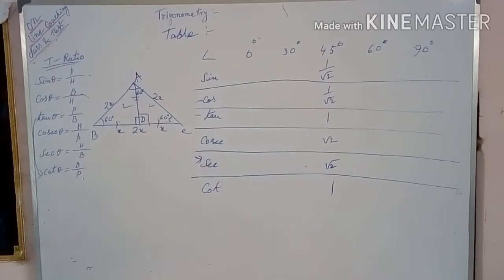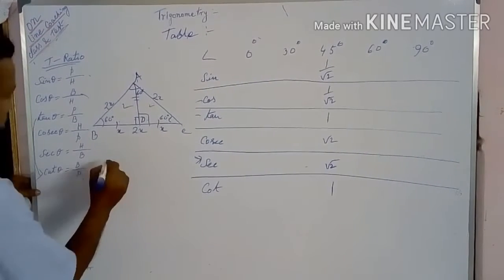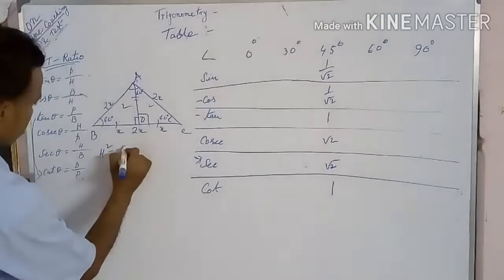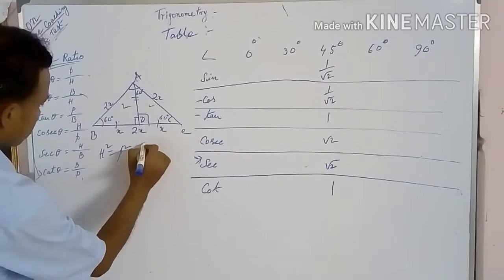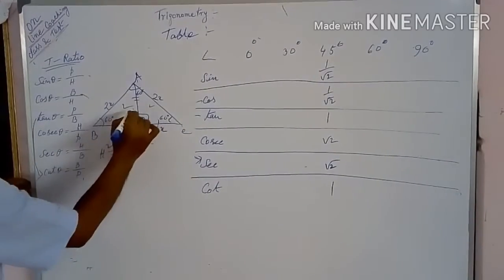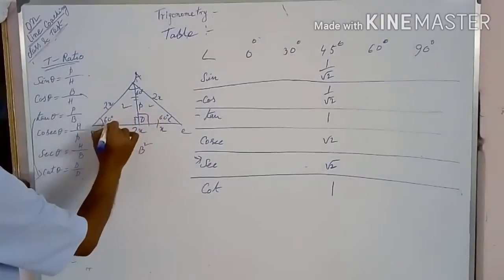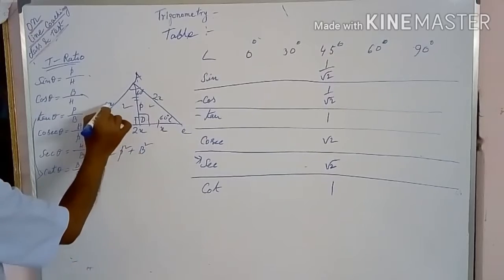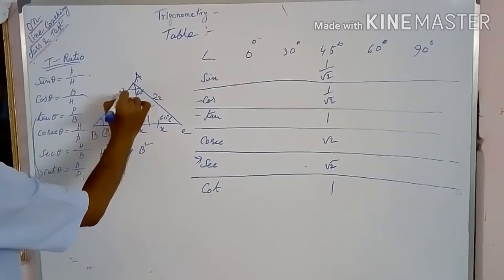For the right angle triangle, using Pythagoras theorem, hypotenuse square is equal to perpendicular square plus base square. Here this is your perpendicular for angle 60, this is your base, this is your hypotenuse.